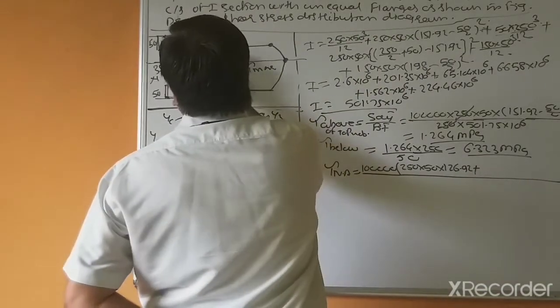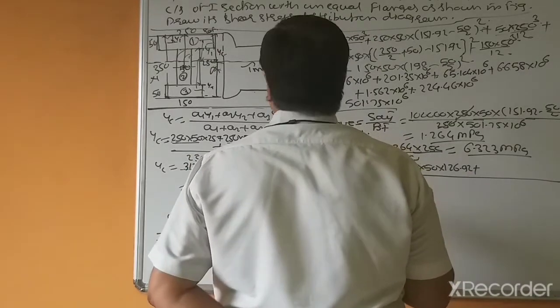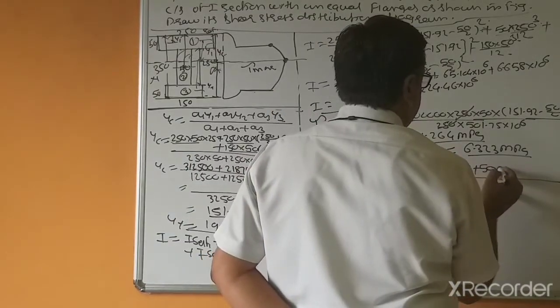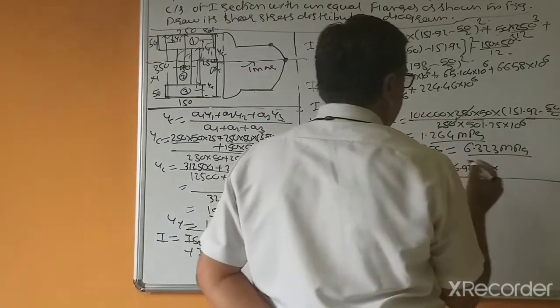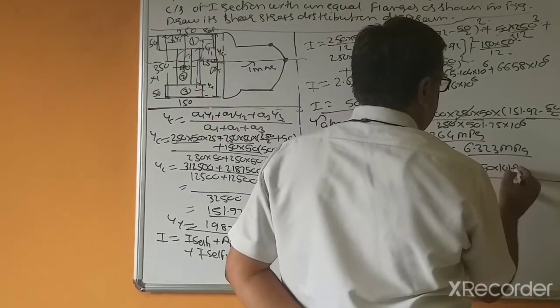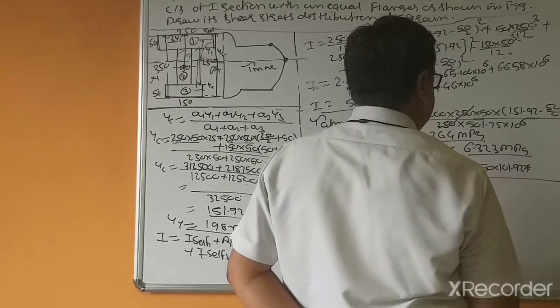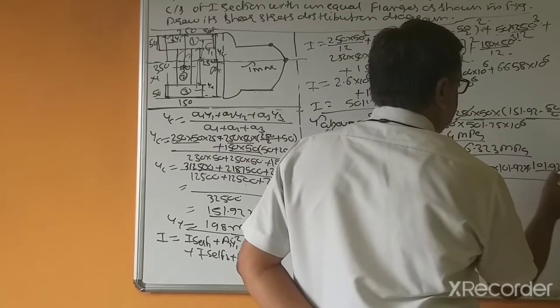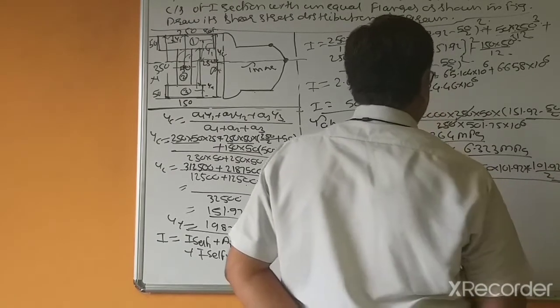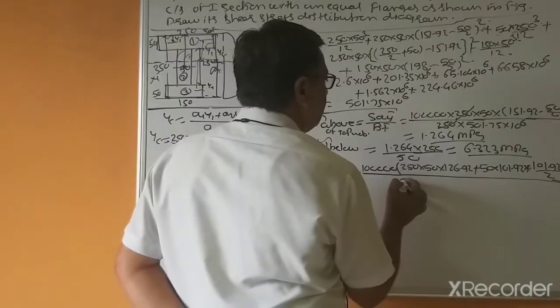Now this area 50 into, this is 151.92 means 92 multiplied by divided by about neutral axis.